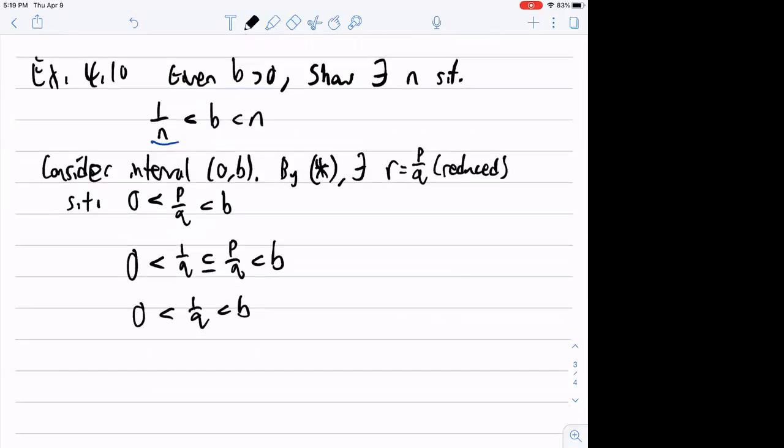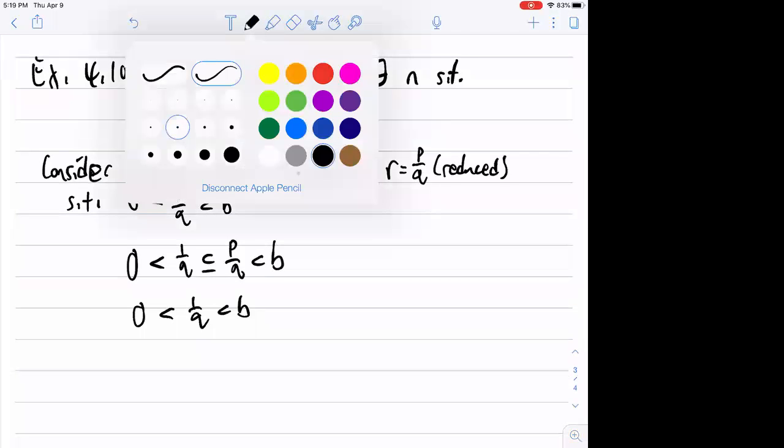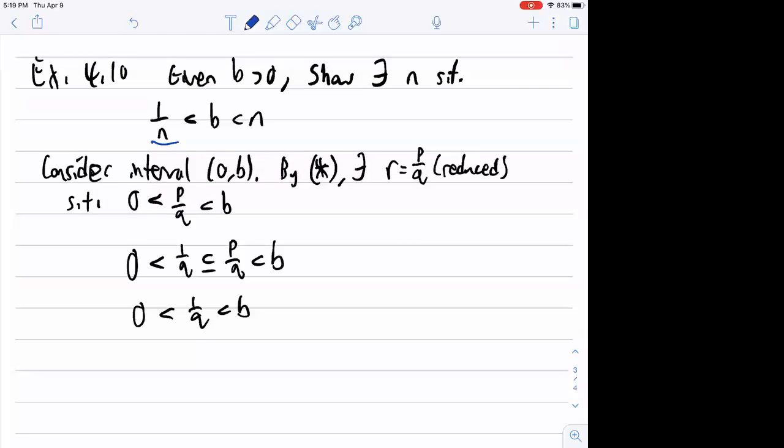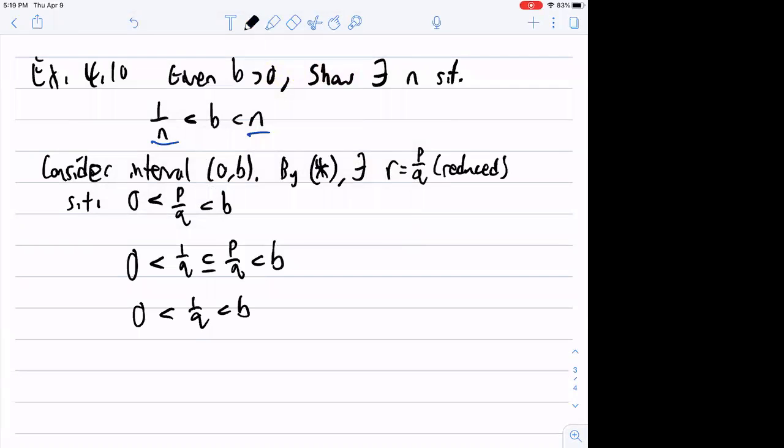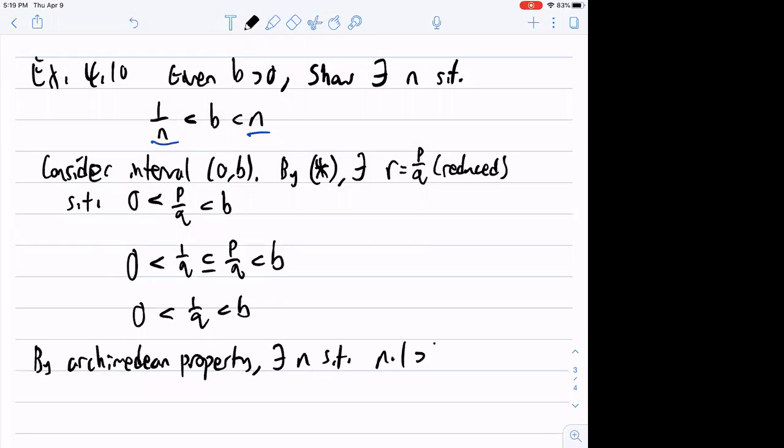So how are we going to get this n? Well, obviously our Q might not be our n. So we need something on this side. That's where the Archimedean property comes in. By the Archimedean property, there exists n such that n times 1 is bigger than B. So why do I do this?